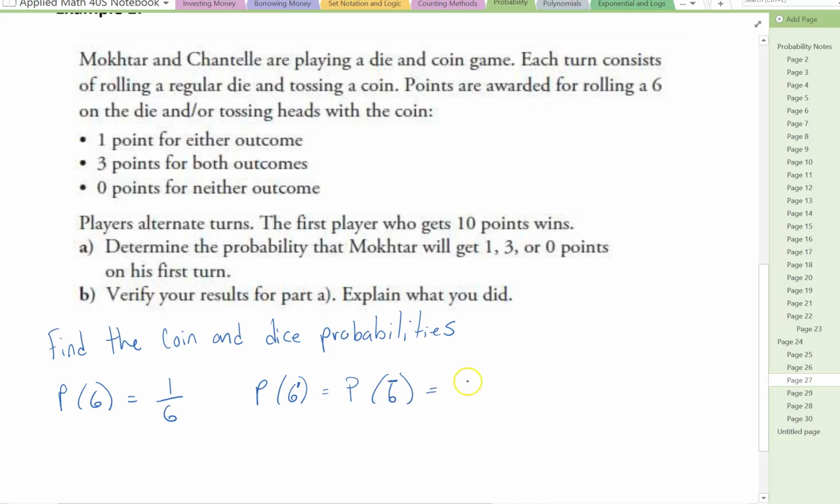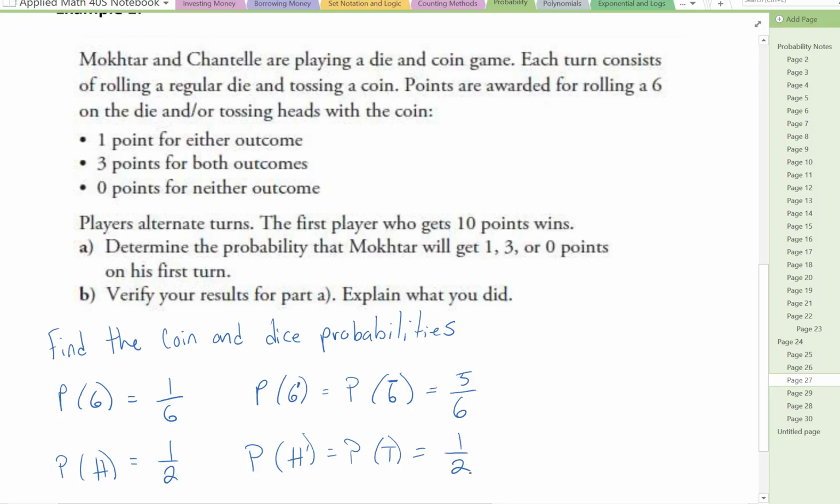That would be all the leftover numbers, so that would be 5 out of 6. So 1, 2, 3, 4, 5. Now if we're looking at the coin, the probability of landing on heads would be 1 over 2. And the probability of not landing on heads, or the complement, would be the same as the probability of landing on tails, and that would be 1 out of 2 as well.